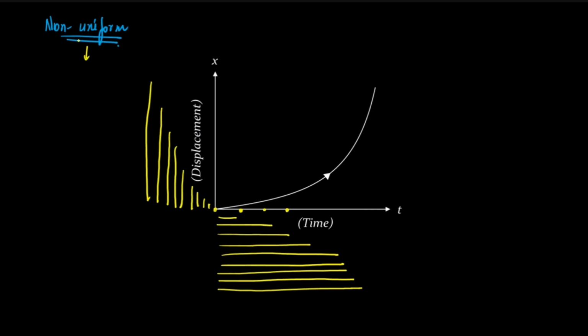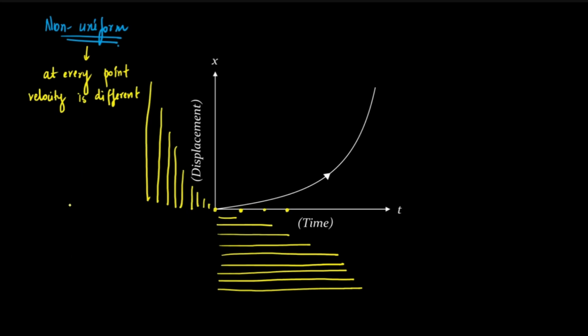For such non-uniform motion, at every point velocity is going to be different. What does it mean? It simply means that the particle is moving in such a way that the distance covered in a given time interval is always different.